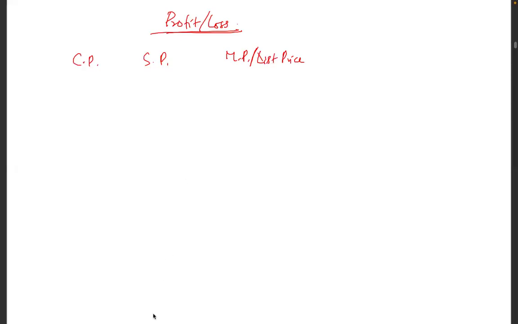The price at which article is purchased. Or the amount you pay to buy any article is what cost price. Selling price, price at which article is sold is selling price. What is mark price? The price which is marked over article. Okay, that is mark price.